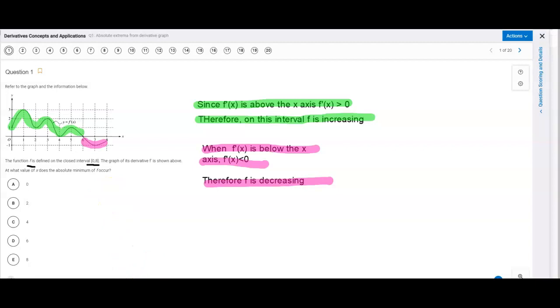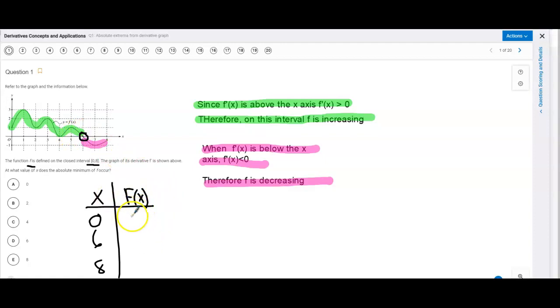Now, we've usually talked in this class about the candidates test whenever you're doing extrema. The problem with this, though, is that they don't give you any values of f. But we do know our starting time, we do know our ending time, and we also know our one critical value is 6, because that's where the derivative equals 0. But I don't know what f is.